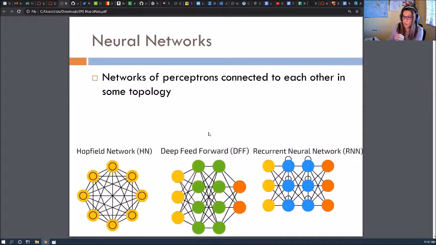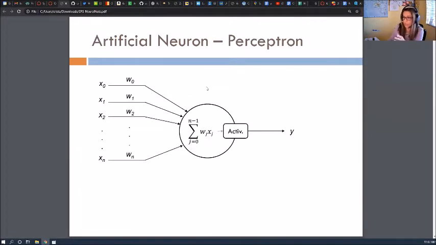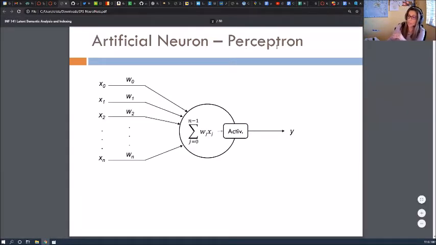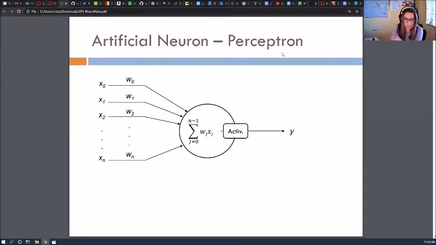By the way, these artificial neurons are called perceptrons. That was the name given by the person who started working on this back in the 40s to these linear combinators.